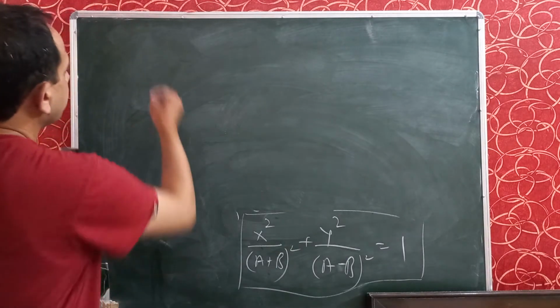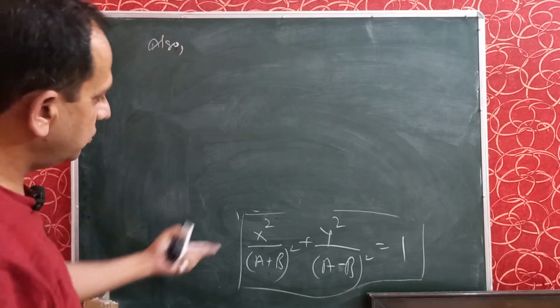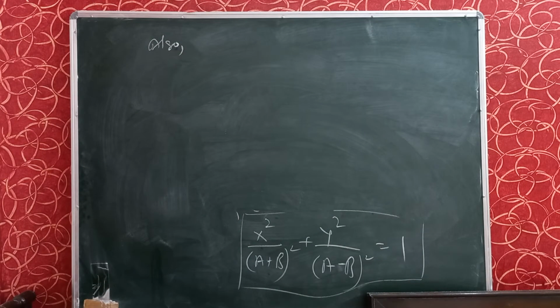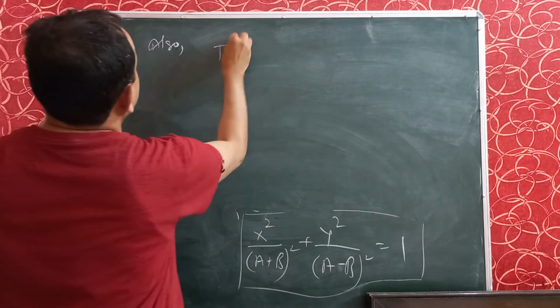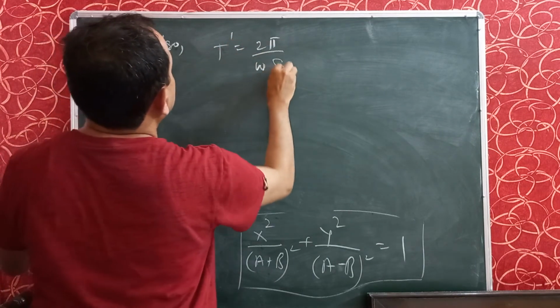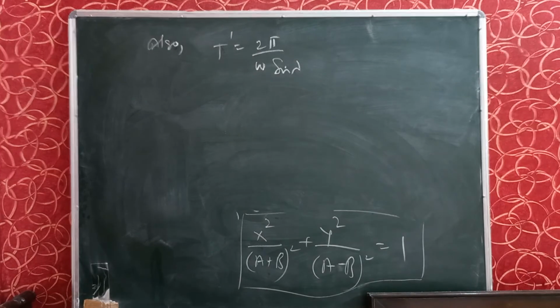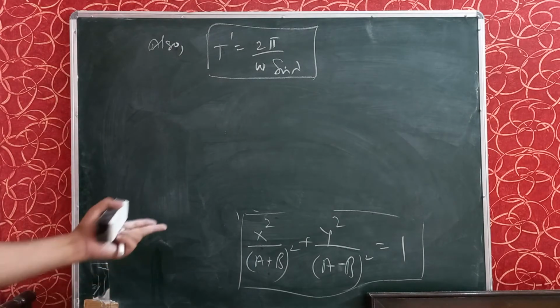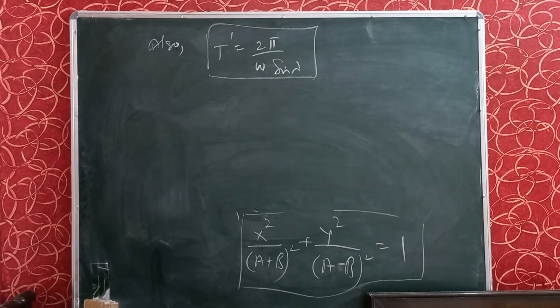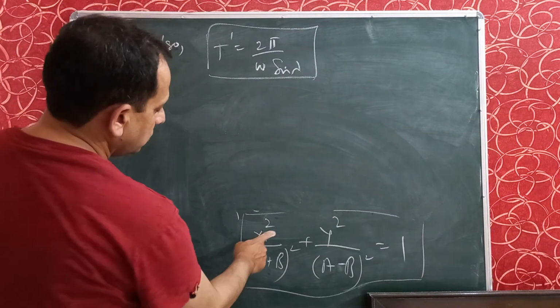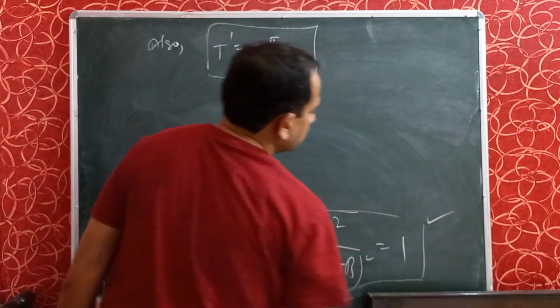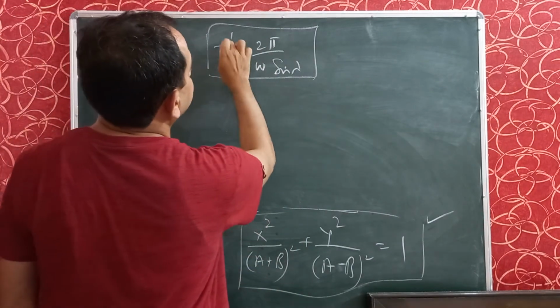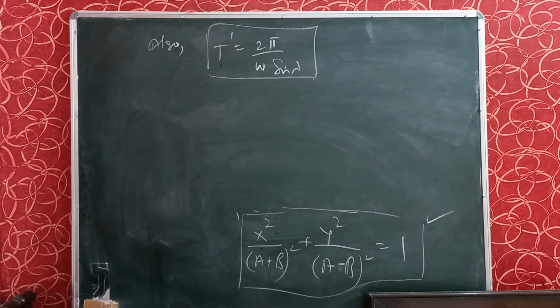And also, during this verification, we will get the value for time t dash equal to 2 pi over omega into sin lambda. So this answer is also obtained during the solution of this equation. So these are 2 results: the first is that the path followed is elliptical, and the second is the time period to complete one vibration around the earth.